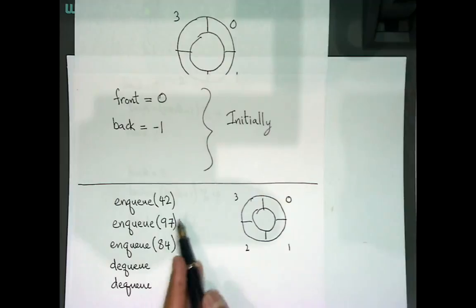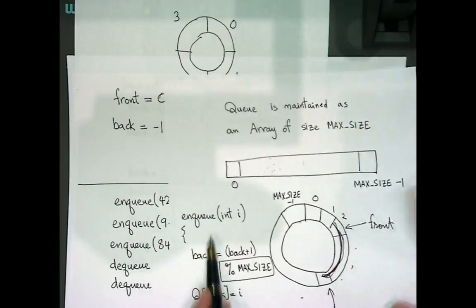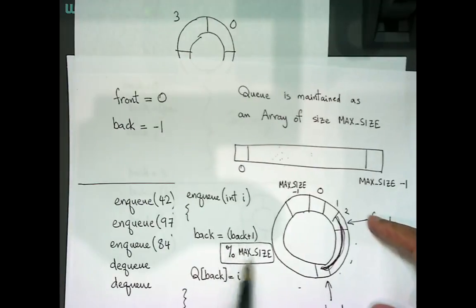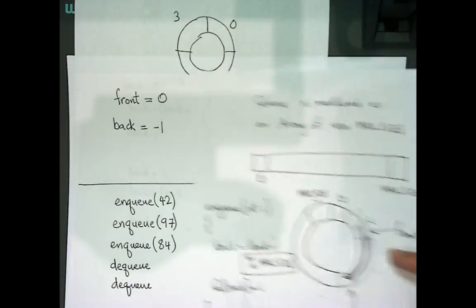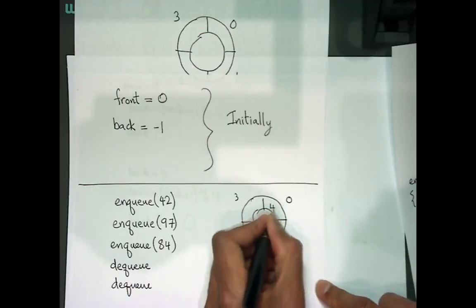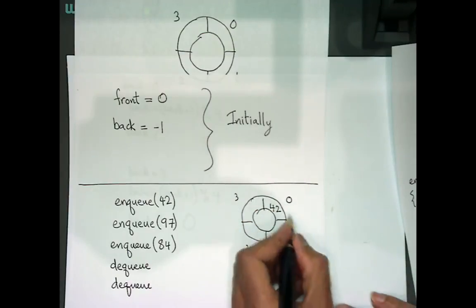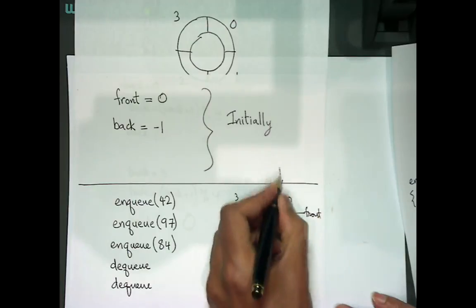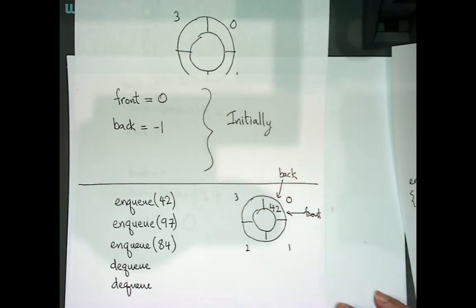So let's do an NQ. So when you do NQ, back is -1, -1 plus 1 is 0. So back is 0, and it says Q of the back is 1, which is what you want. So it puts 42 over here. And both front and back are indices to the same element.